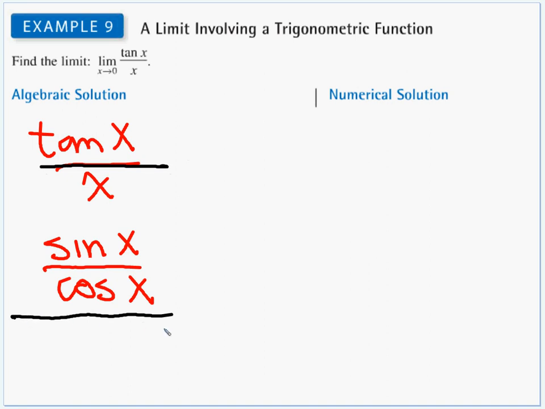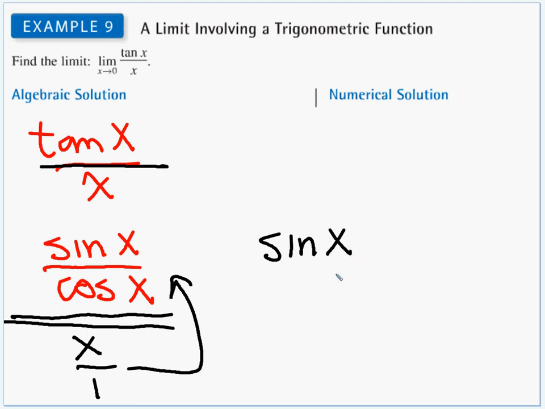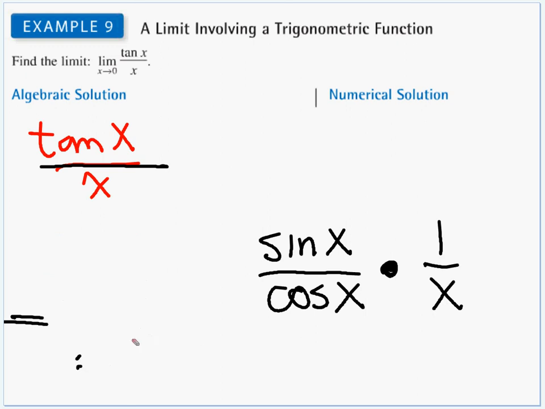I'm going to put it over 1, because sometimes it's useful to get everything on the same line. Since this is a fraction over a fraction, I can bring this up here and flip it. So now I'm just going to rewrite it here. I've got a sine x over a cos x, and then that's times, since I brought it up and flipped it, it's now 1 over x.